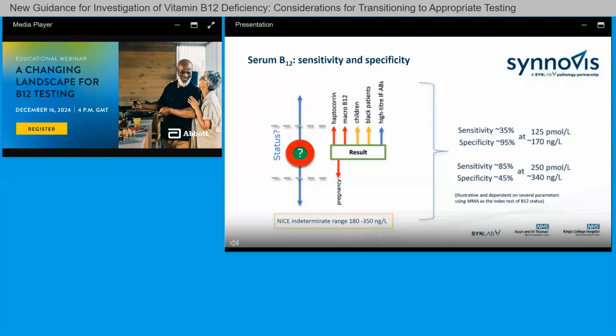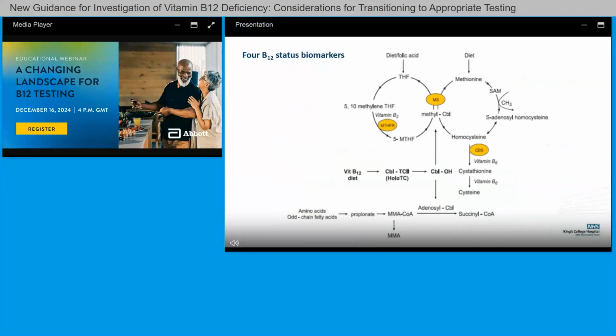So far, I've only given you lots of problems to think about. But actually, it's not so bad for B12, and we have more biomarkers to evaluate the B12 status than we do for any of the other vitamins, and we're going to introduce some of them now. So rather than spend our time looking at complicated biochemistry, I thought we'd simplify this.